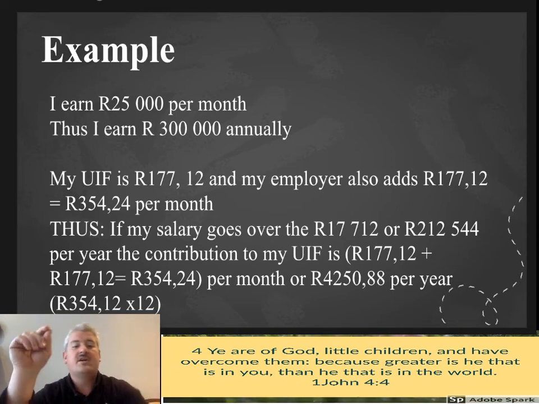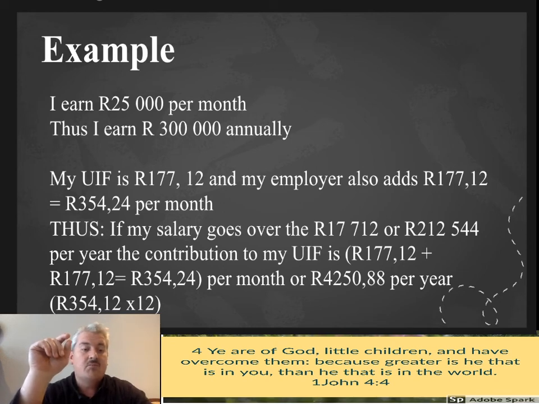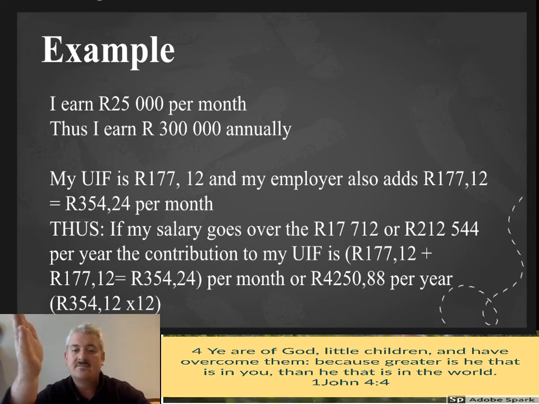My UIF is 177 Rand 12 cents. Where or how did I get to this, gentlemen? Anyone want to help me? My employer also adds 177, but how did I get to 177 Rand 12 cents? My salary is 25,000. How in the world did I get to that?